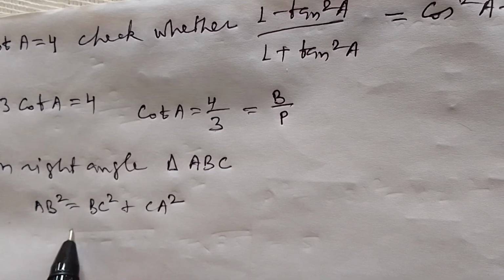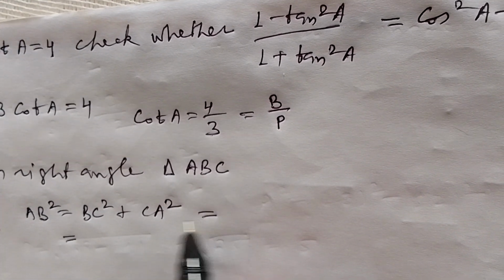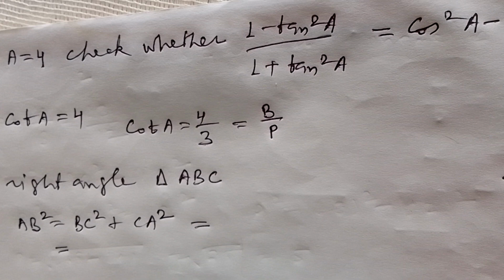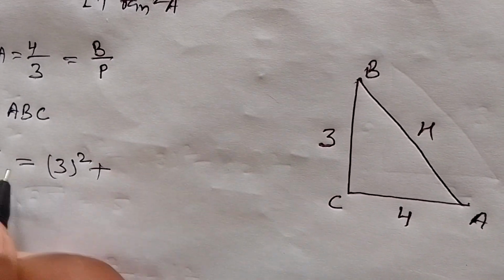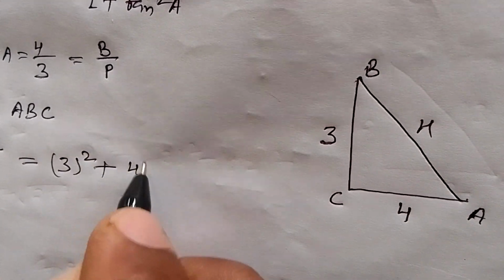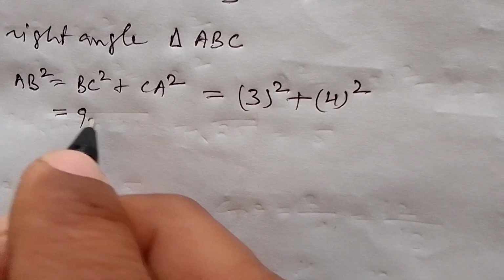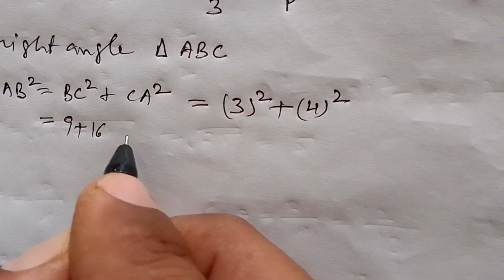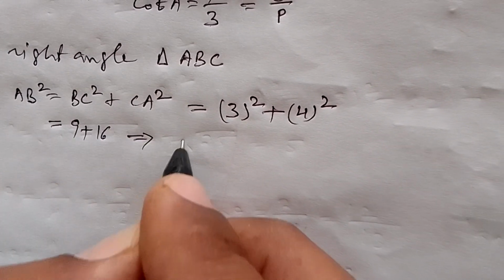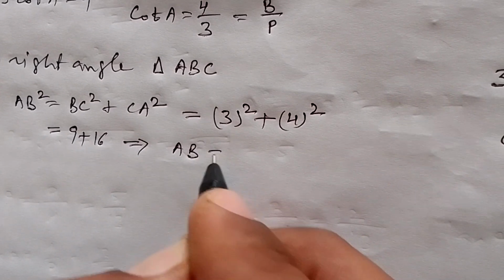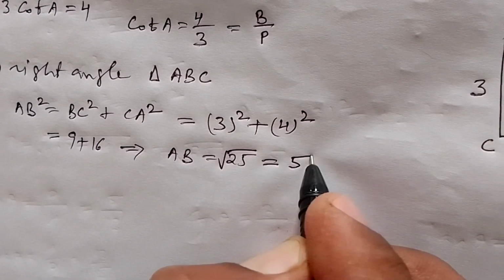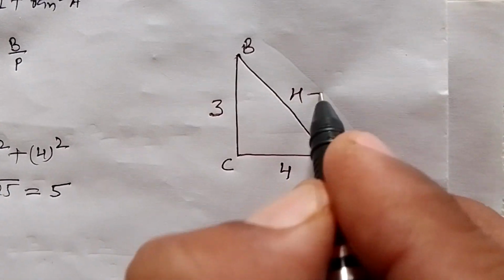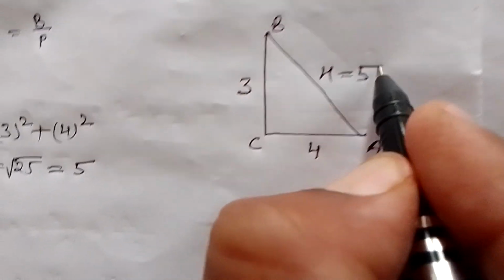After putting the values, BC 3 square plus CA 4 square, it will become 9 plus 16. So AB comes out to be root 25, which is equal to 5. So AB hypotenuse comes out to be 5.